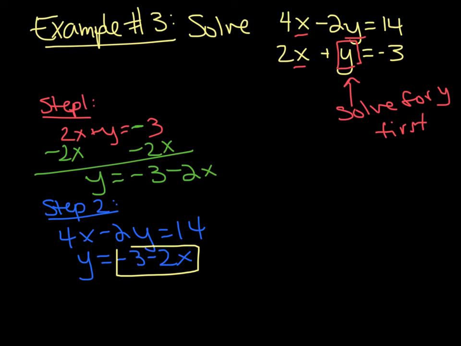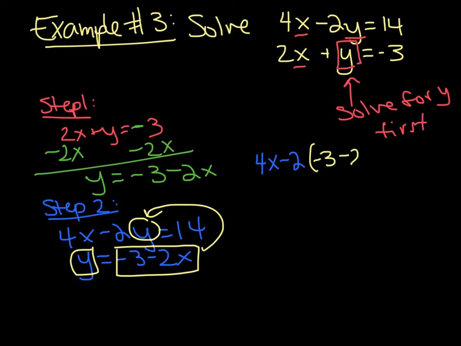So what I'm going to do is take this negative 3 minus 2x. I know that's equal to y, so I can take that and substitute it into the y in the other equation. When I do that, I'll get 4x minus 2 times negative 3 minus 2x equals 14.